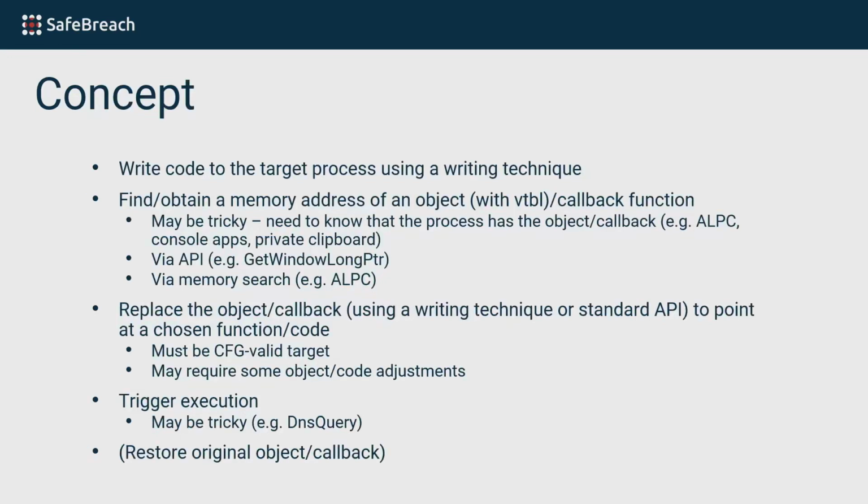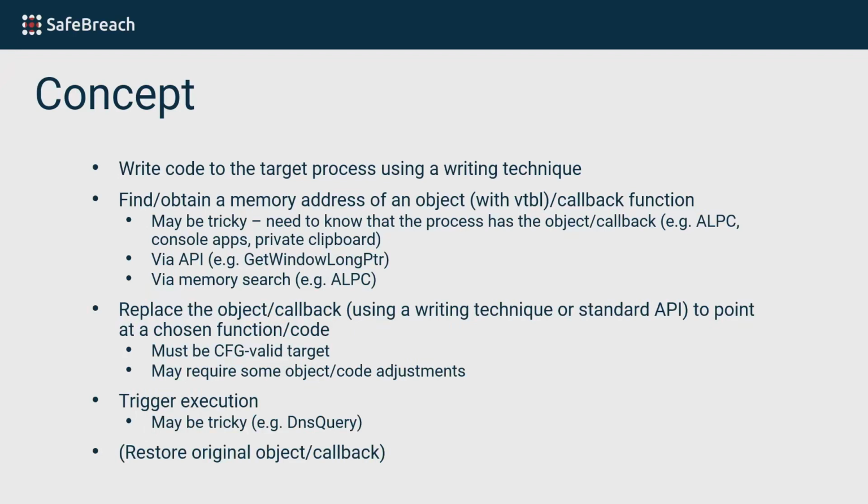What they do is they write the target code or logic into the target process. And then the execution revolves around finding or obtaining a memory address of an object with a virtual table, specific object or specific callback function or specific function table, which in itself may be tricky because the object may or may not be there depending on the nature of the process.